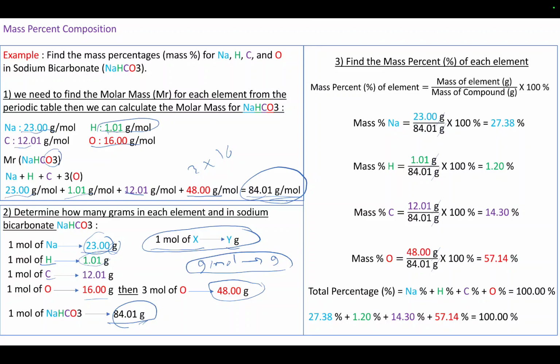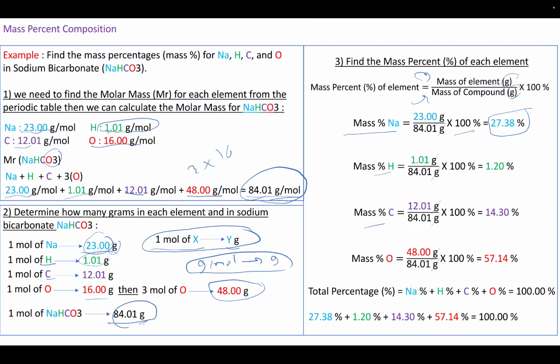So why did we convert from gram per mole to gram? Because in the law to find the mass percentage for an element, both the mass of element in the numerator and the denominator must be in gram units. That's why we converted in step number 2. So to find the mass percentage for sodium, 23 gram over 84.01 gram, multiplied by 100% gives us 27.38%.